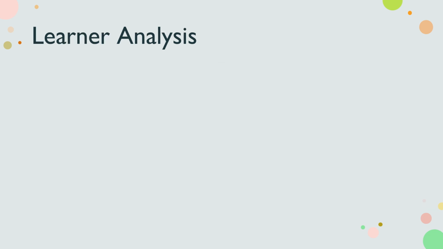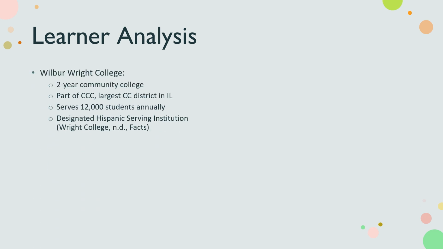I'd like to tell you a little bit about our college and the students at Wilbur Wright College. So Wilbur Wright College is a 2-year public community college in Chicago. We're part of the City College of Chicago, again, one of 7 colleges in the district. It's notable that CCC is the largest community college district in Illinois and one of the largest in the entire country.